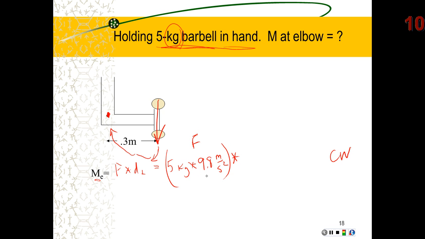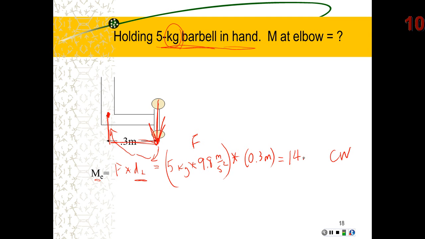Come back, we have our force. We need to find our perpendicular distance. We see the force is right here. It is perpendicular to this distance. The distance is between the center of rotation of the elbow, the center of the hand holding the barbell. And so that's 0.3 meters is our distance. Multiply those together and put those in your calculator.